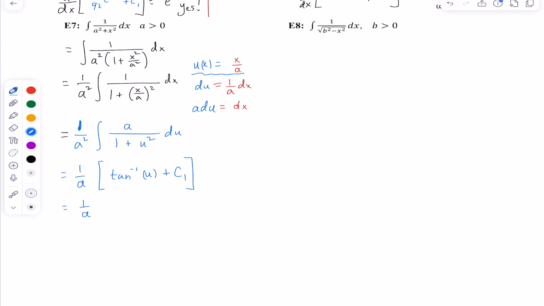Make sure you back substitute your u. And we now have the family of antiderivatives. More commonly, this integral gets used so often that it gets its own formula.